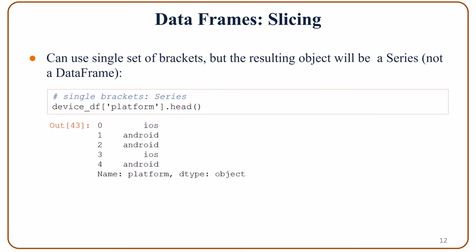Now let's see how we can slice data frames. You can use a single set of brackets like this. But the resulting object will be a series and not a data frame. So be careful with this.